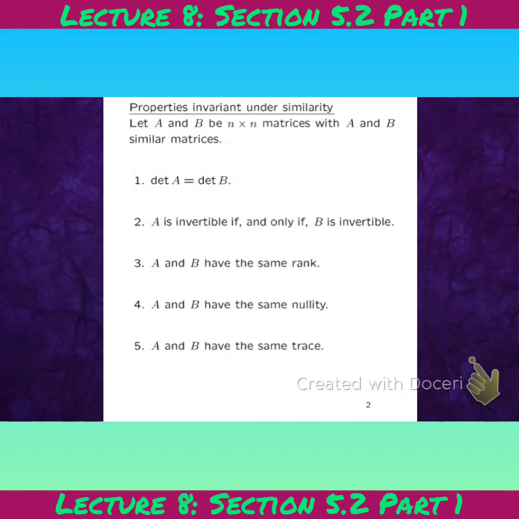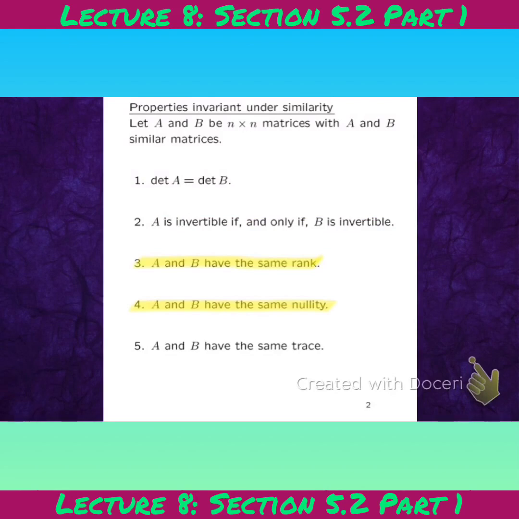So properties 3 and 4 state that under this similarity transformation the rank doesn't change and the nullity doesn't change. So what is the rank again? It's the dimension of the row space.